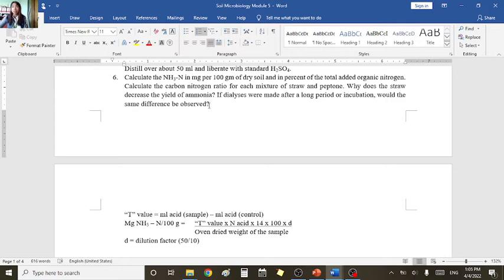Kapag naman sa dialysis na ginagawa sa kidney is, it is to remove whatever salts. Ganun naman talaga ang ginagawa ng kidney, di ba? Nililinis yung blood, tinatanggal yung impurities doon. So, ganun din yung nangyari dito.